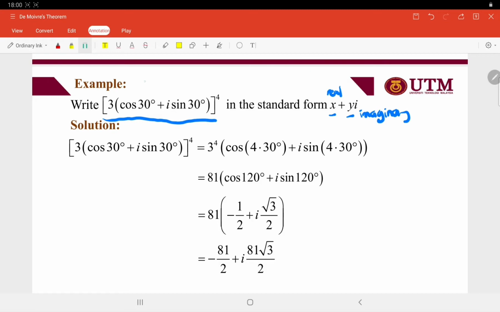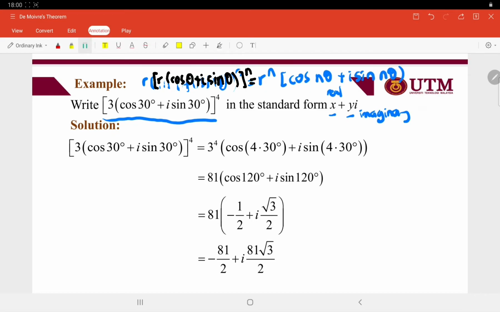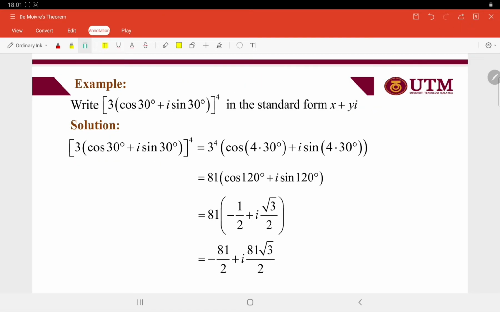So using the formula just now, where (r(cos theta + i sin theta))^n is equal to r^n times (cos n theta + i sin n theta), we can solve this question, where 3 is our r and theta is 30 degrees, raised to the power of 4.